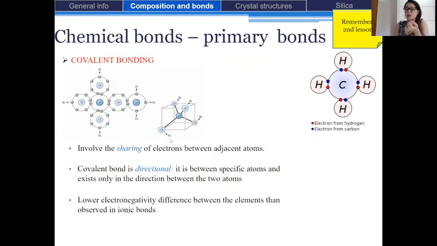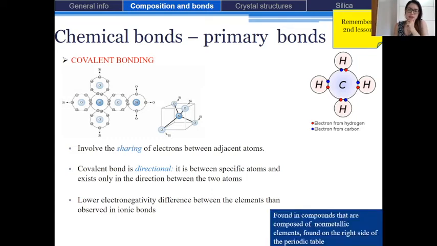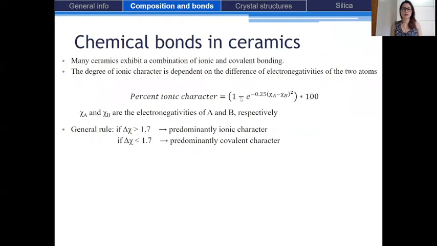So here we will introduce in that class silicates that are composed of silicon and oxygen, and silicon and oxygen have a lower electronegativity difference than in the case of sodium chloride, and they form covalent bonding. So let's remember covalent bonding is found in compounds that are composed of non-metallic elements, found on the right side of the periodic table, as we already explained. So let's go ahead.